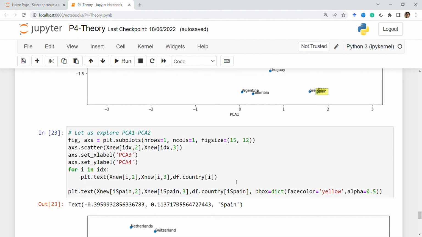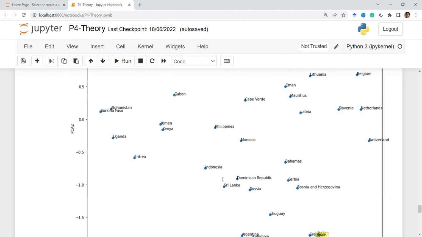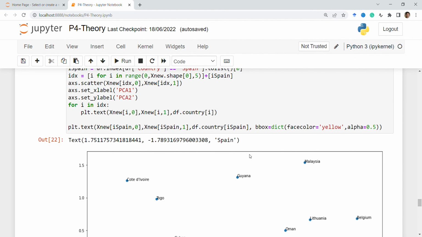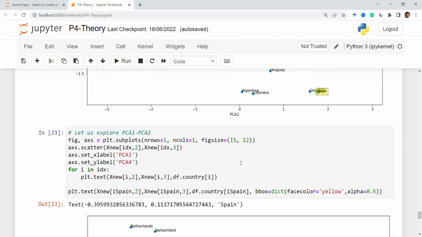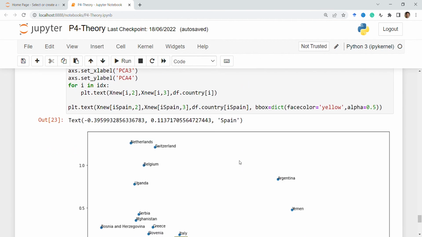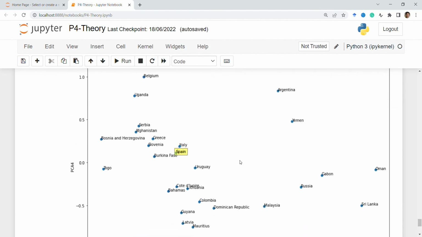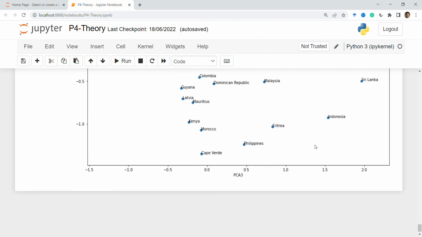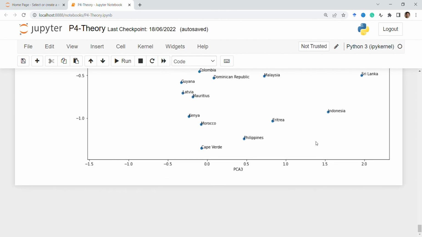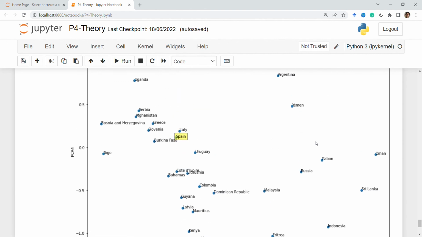And with the high values, it was imports and exports, so it was the balance between the two. We can do it in PCA 1, PCA 2, we can do it with PCA 3, PCA 4, PCA 2, PCA 3, whatever combination of axes you want. So this would be all for this first introduction, and see you next time.